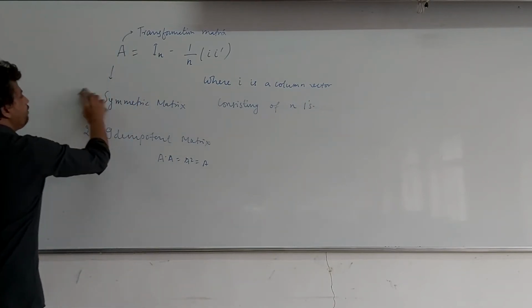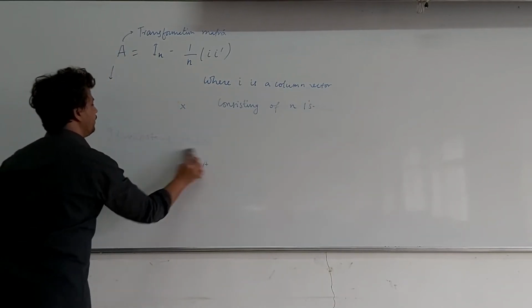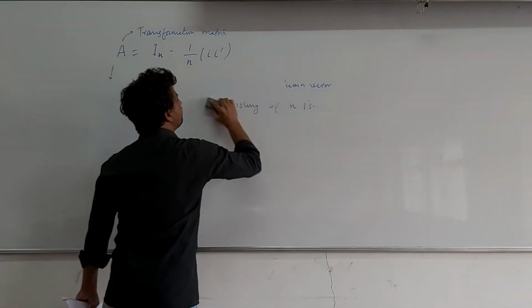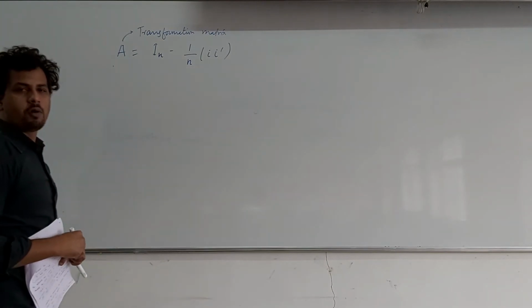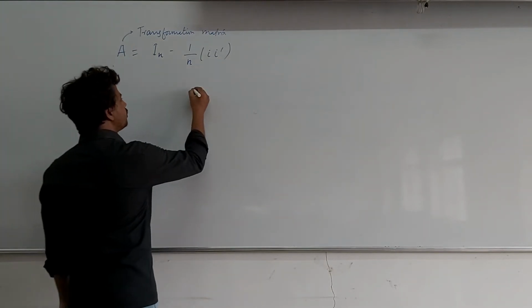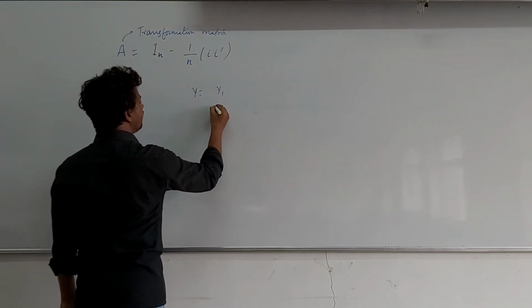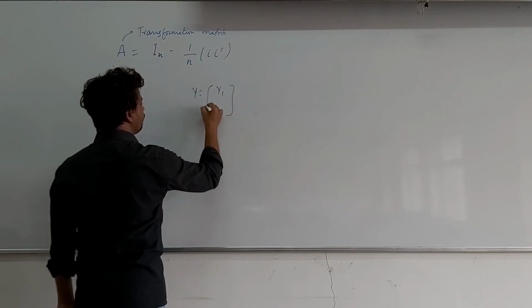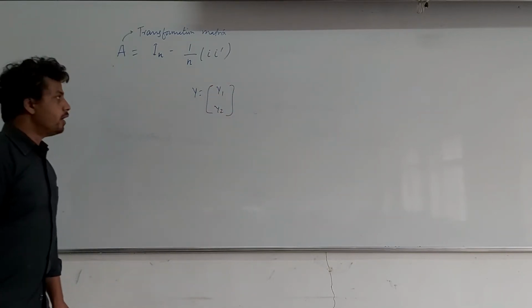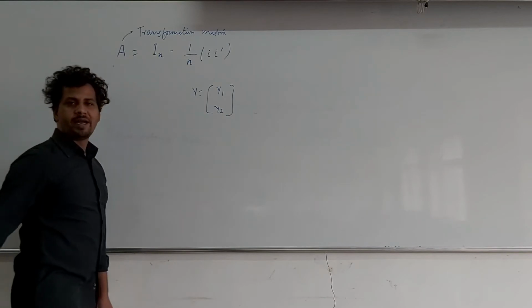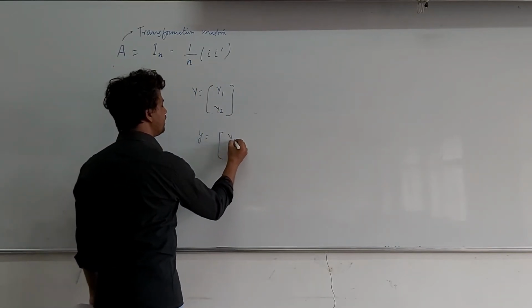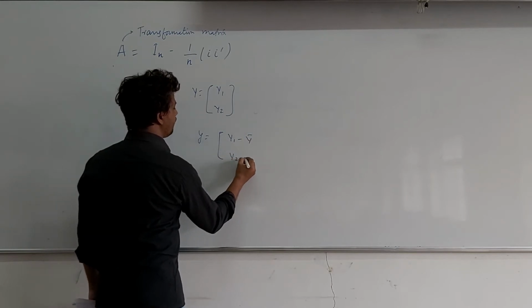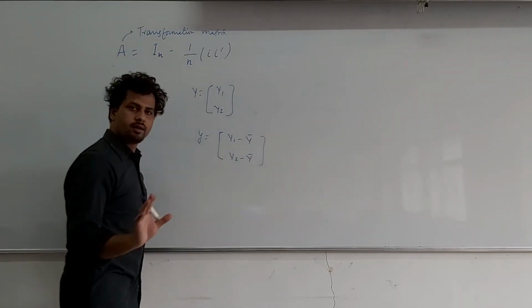So what I mean over here, let me express it by taking one simple example. Let me say that I have taken two observations on y. So let me write y as y1 and y2. I have only taken two observations, right? So if I want to express this in deviation form, then my small letter y should be something like y1 minus y bar, y2 minus y bar, right?